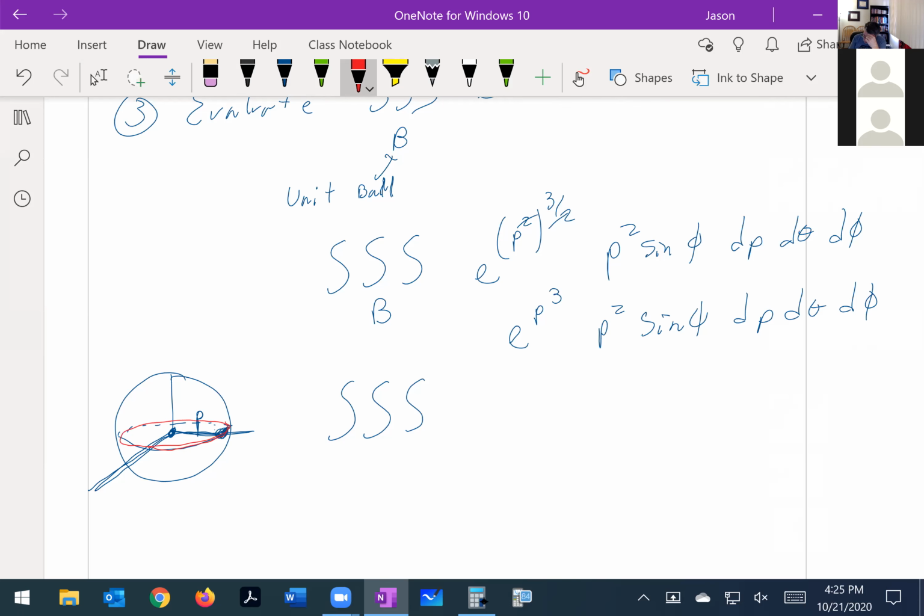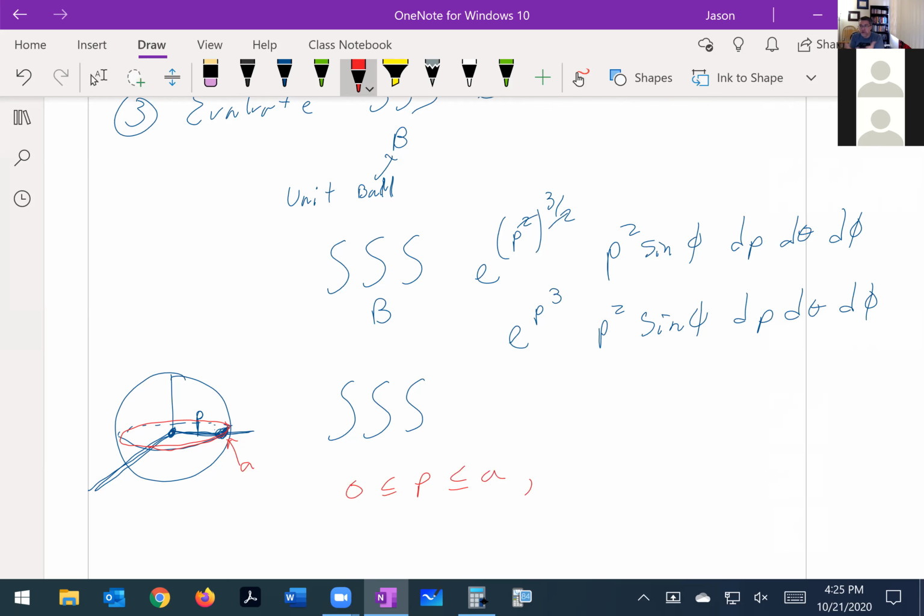However, rho goes from 0 to some value. Maybe we'll call this A. So rho goes from 0 to A, because it's the whole thing. I don't want just the sphere, I want the ball. I want the entire ball.